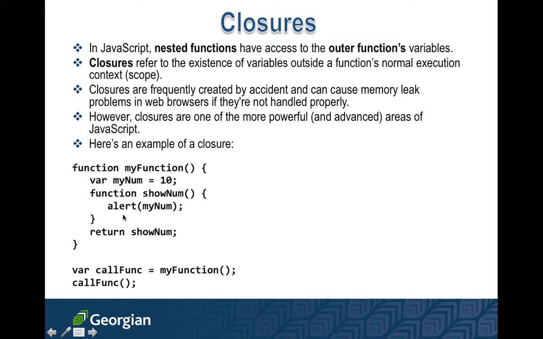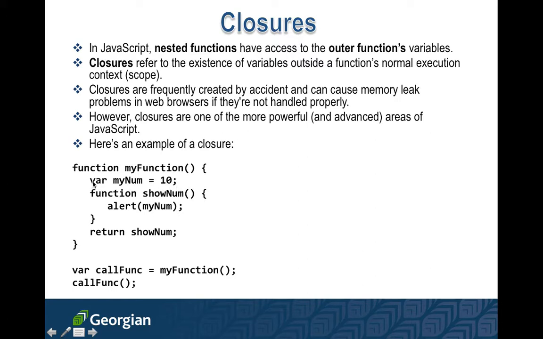How does this work? I use this funky way of saying this. I say callFunc, which is my variable, is equal to my function. That's really weird. When I call it, my function is called. I declare my variable myNum equal to 10.